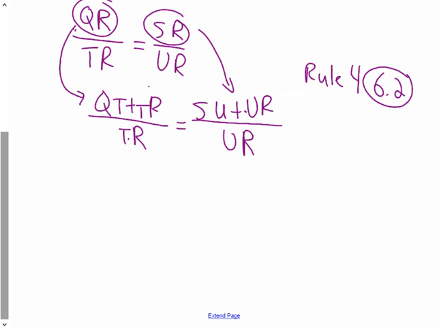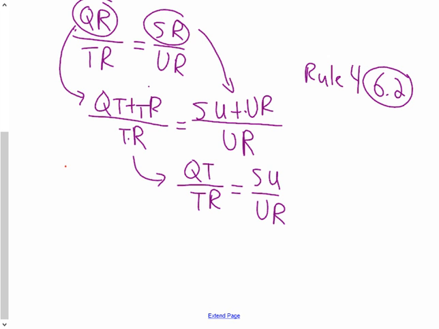So we're going to go the other way, and take the denominator away to get QT over TR equals SU over UR. Mathematically, we could also have done that, for those who think that's a bit of a shortcut, by subtracting one from each side, which would have gotten rid of the TR and the UR. And that wraps up today's lesson. Homework is posted on Google Classroom.